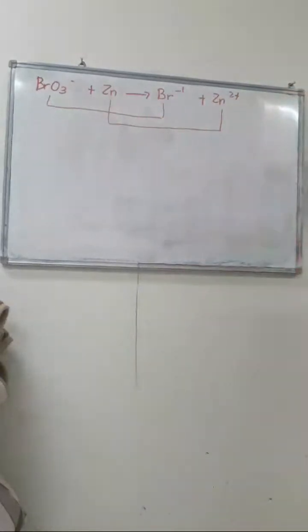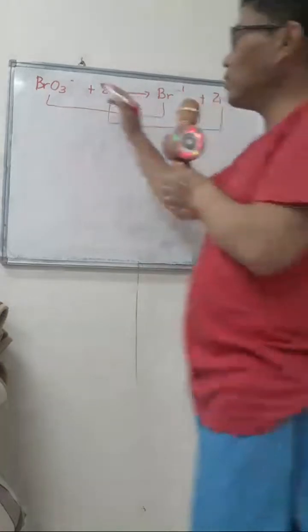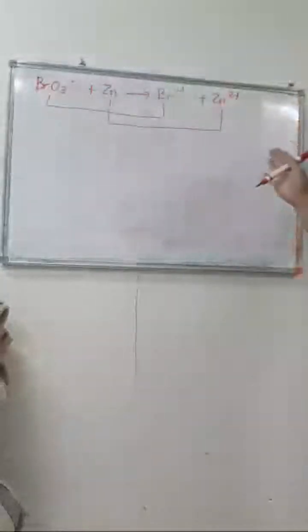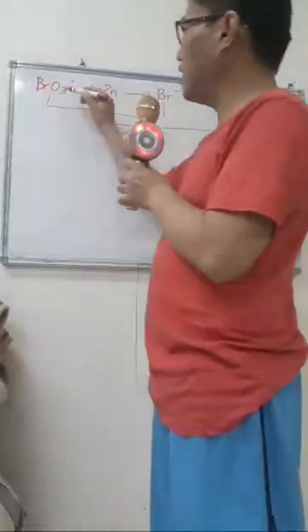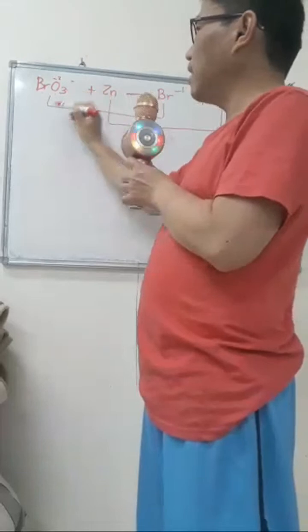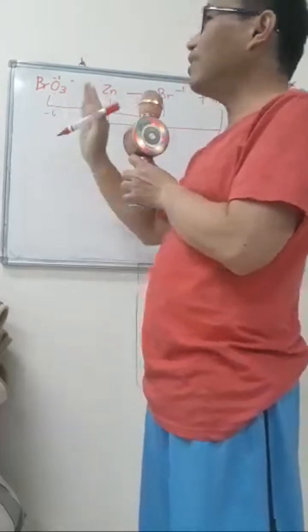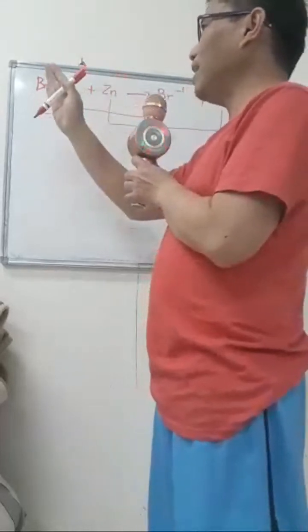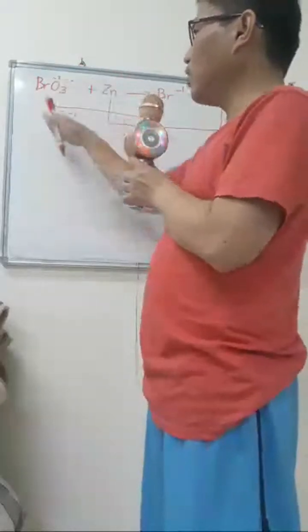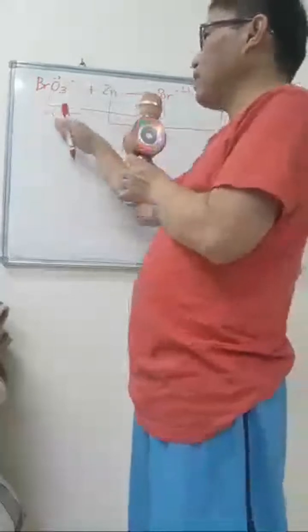Now, let's determine which loses electrons and which gains electrons. The first thing to do is to determine the oxidation state of bromine and oxygen. Let's do the trial and error method first to make it direct. Oxygen is negative 2, times 3 is negative 6. Negative 6 has to be added to something that will equal the negative 1 net charge, so we need to assign a value to bromine: 5 minus 6, 6 minus 6, 7 minus 6.